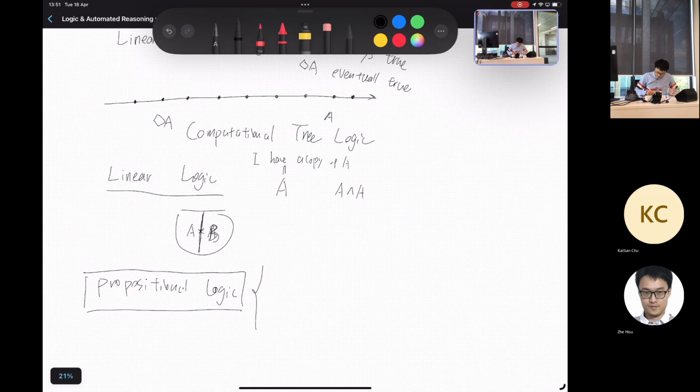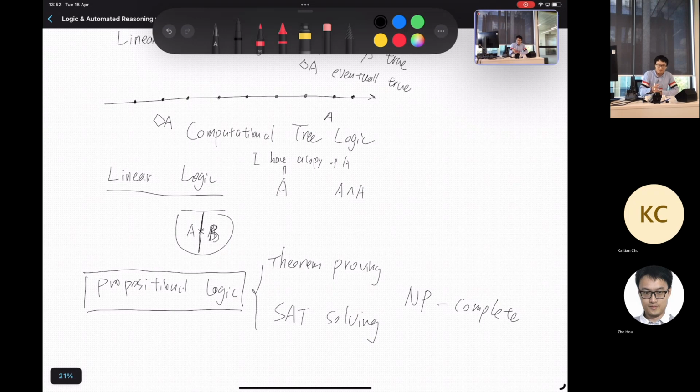Theorem proving and SAT solving are NP complete. NP complete means it requires a Turing machine to solve it in non-deterministic polynomial time.